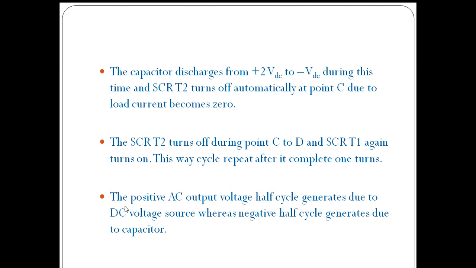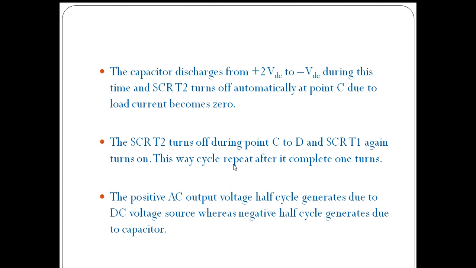The positive AC output voltage half cycle is generated due to the DC voltage source, whereas the negative half cycle is generated due to the capacitor. So in the load current waveform, this positive half cycle is due to the main source VDC and the negative half cycle is due to thyristor T2, which is conducting due to available energy across the capacitor.